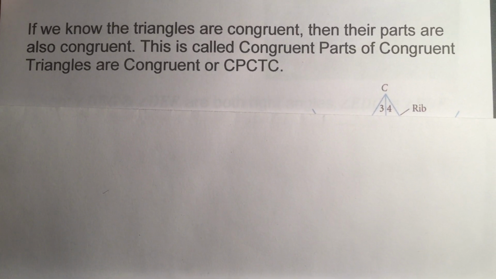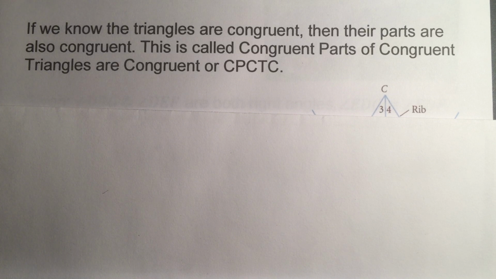All the things that we've been doing the last while are showing that, knowing certain information, we can show that the triangles are congruent. Well, if we know the triangles are congruent, then we can use this backwards and say, if they're congruent, then all their parts have to be congruent as well, at least the parts that match up.